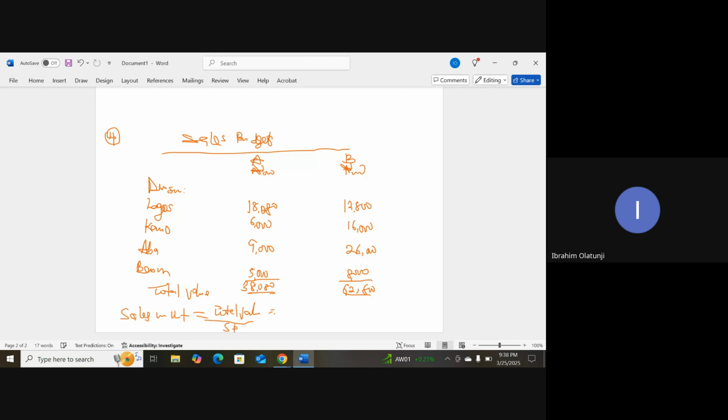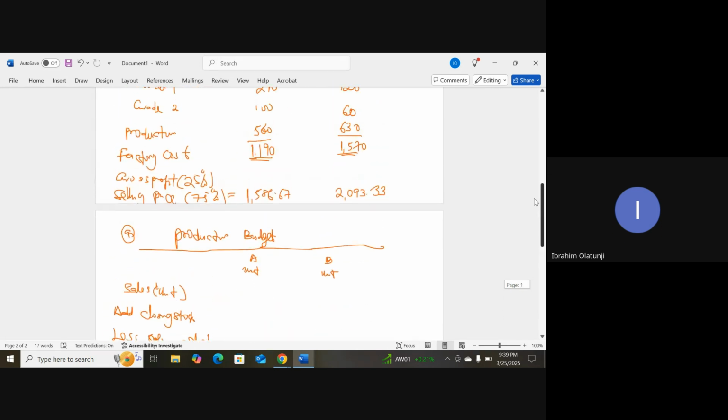So for A, what do you have? 38 million, 80,000, divided by the selling price. Selling price is 1586.67. So we have 24,000.